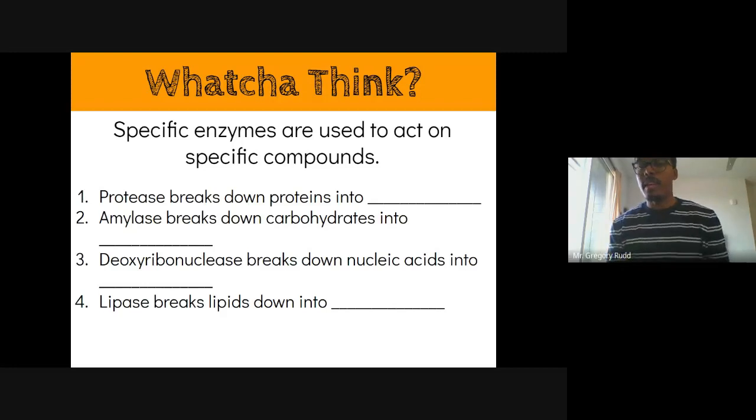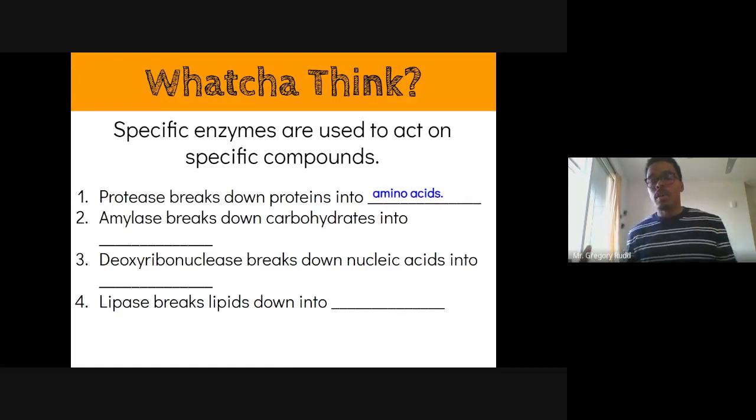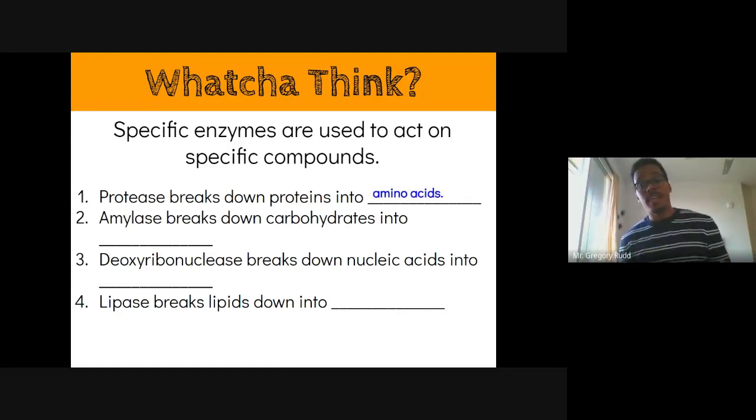Excellent. Yeah, a lot of people jumping in. Janelle, thank you. Josue, thank you. Abigail, thank you. Proteins get broken down into amino acids because amino acids are the monomers of proteins. So protease breaks down proteins into amino acids.